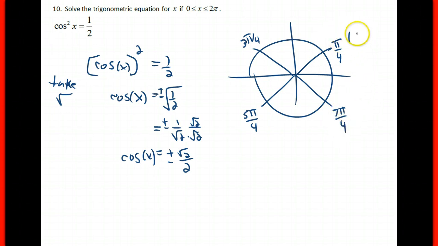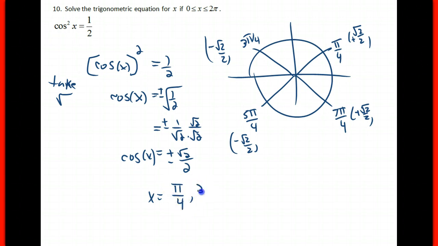They all have the cosine of plus or minus root 2 over 2. And these guys have the negative root 2 over 2 for their cosines. Okay, so the answers to the question are pi over 4, 3 pi over 4, 5 pi over 4, 7 pi over 4.